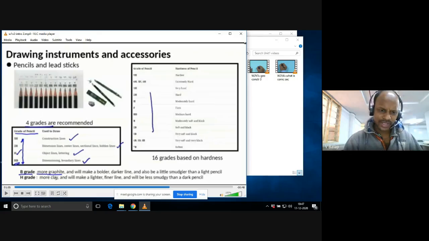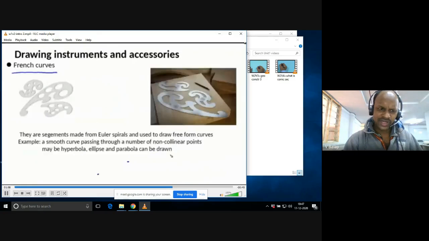Okay. So now, French curves are generally used to draw ellipse curves, but in engineering this is not accepted. You need not use these French curves. You use freehand only. You have to join all the points while drawing ellipse and parabola.